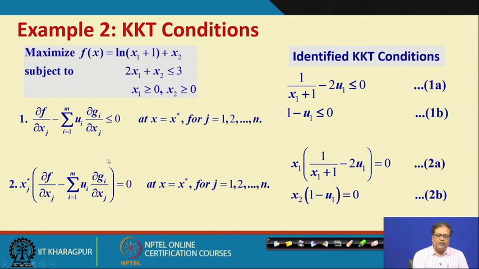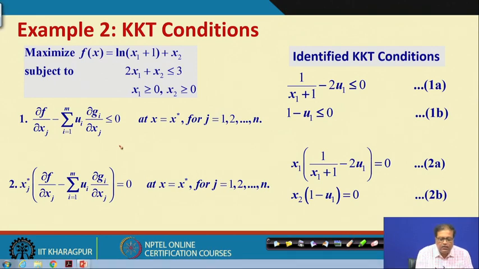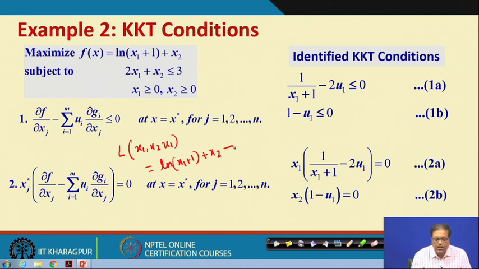If I combine the two, then again we have L(x1, x2, u1) equal to ln(x1 plus 1) plus x2 minus u1 times (2x1 plus x2 minus 3).